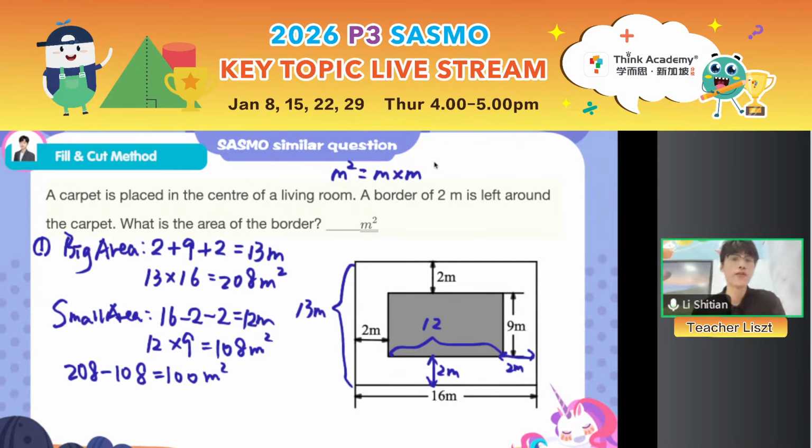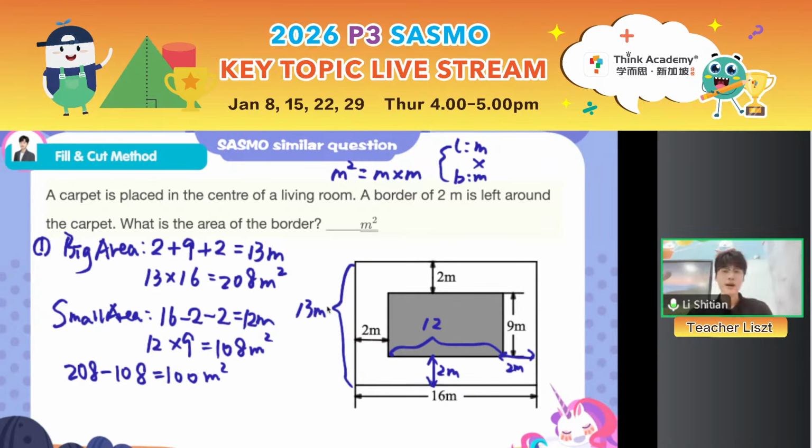What is the unit for the length? Meter or centimeter, right? What is the unit for the breadth? Meter or centimeter, right? So if I times them, they will become meters times meters, right? So that's why it is the meter square, okay? So guys, remember the unit for the area, it is the meter square or centimeter square. And for the perimeter, the unit is meter or centimeter, okay?